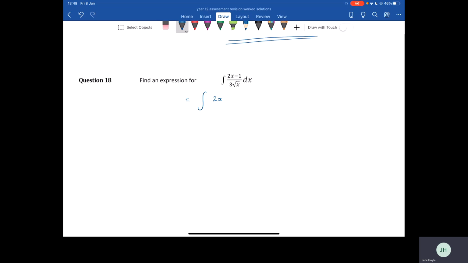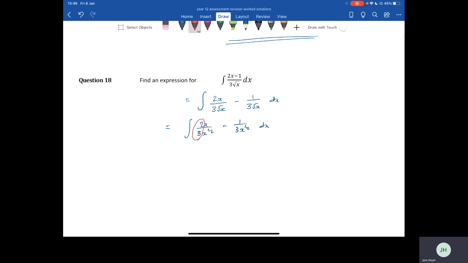I'm going to write that as 2x over 3 root x, and then minus 1 over 3 root x dx. You may prefer to have that as a power of a half. And now I think I'm in a position where I can rewrite that.